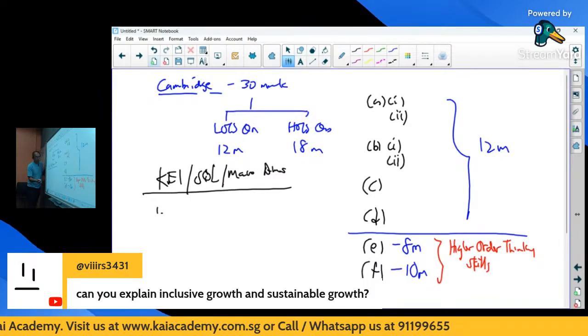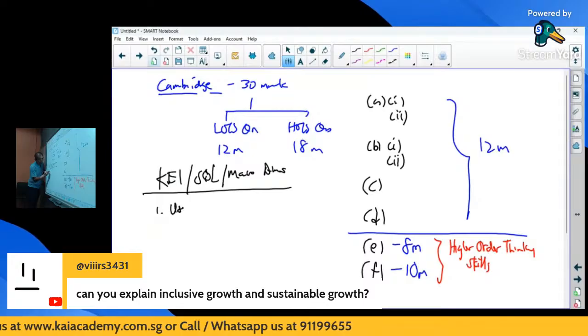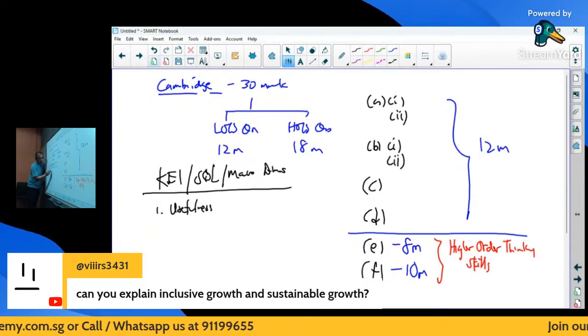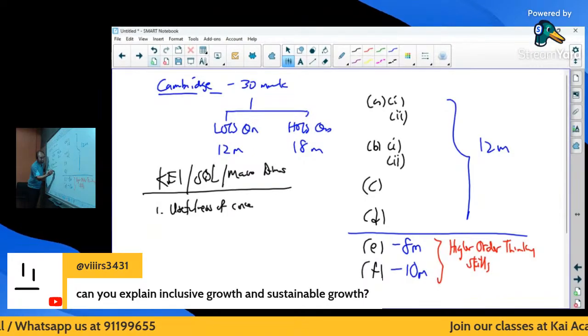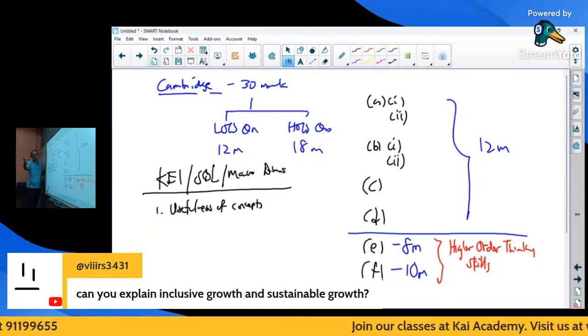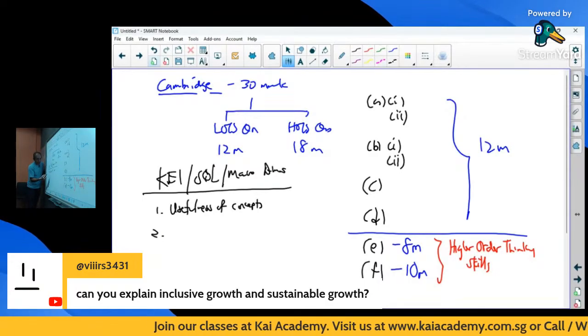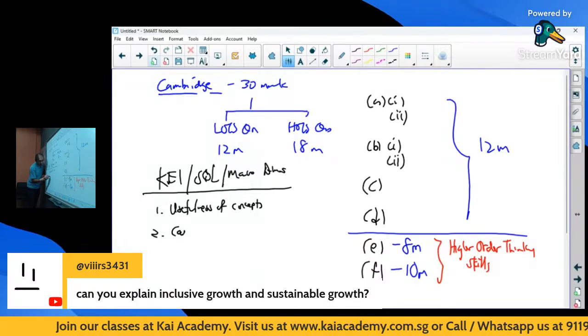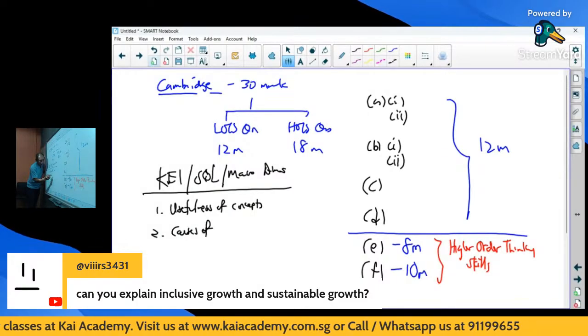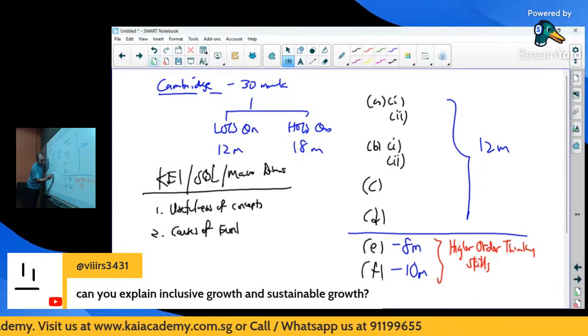Number one, the most popular HOTS question they can test is usefulness of concept: to what extent does the data support a certain viewpoint that SOL have changed, etc. Then two, they can test you about causes of event or causes of state.